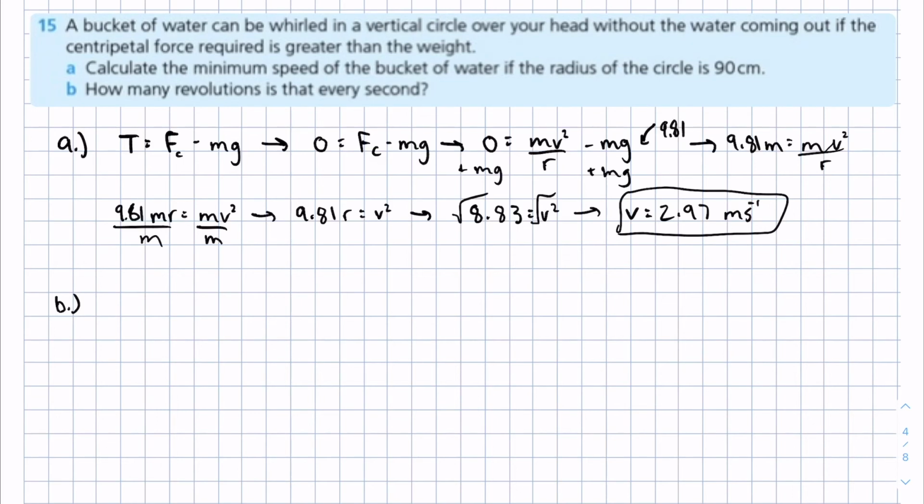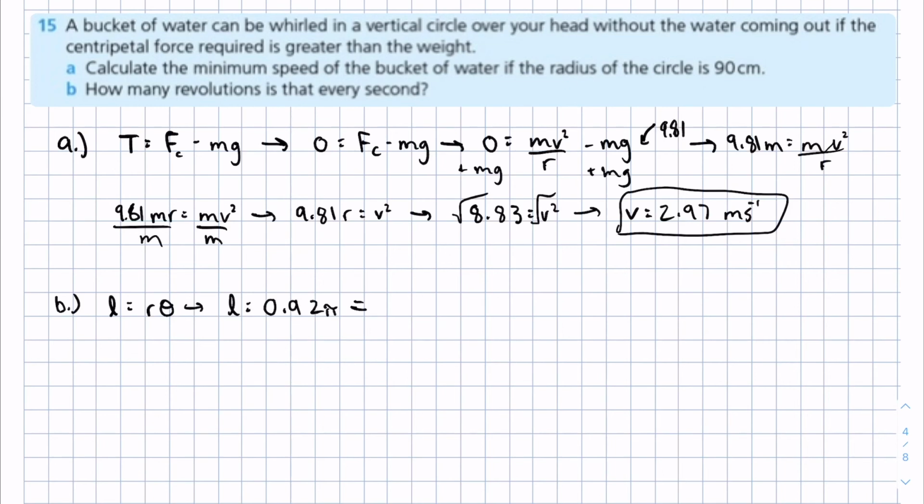The arc length is going to equal radius times the angle in radians. So arc length equals 0.9 times, since we're going in a full circle, the angle in radians is going to be 2 pi.